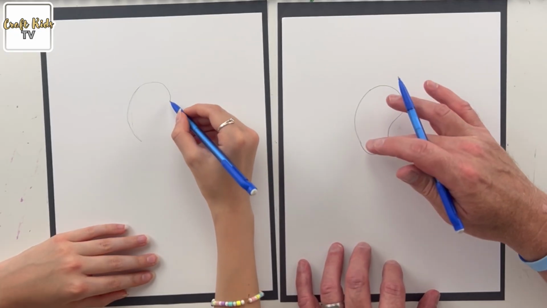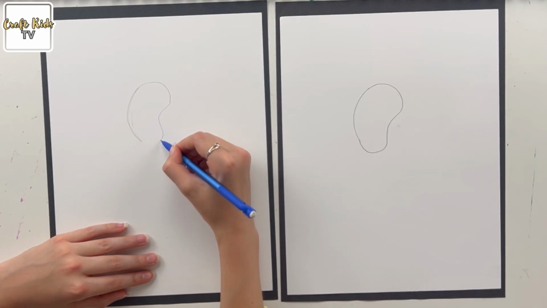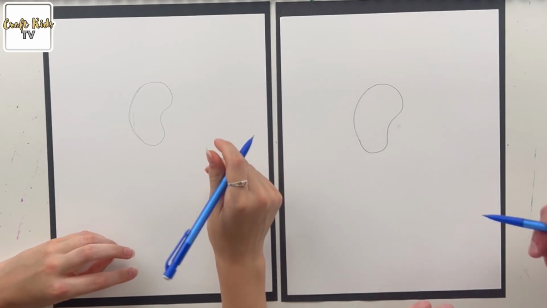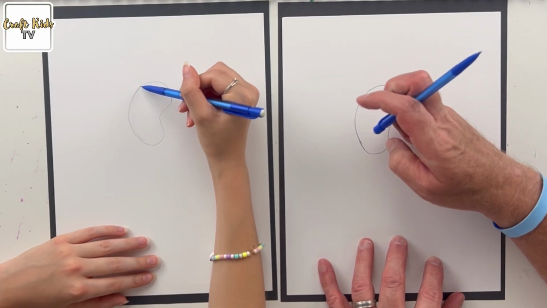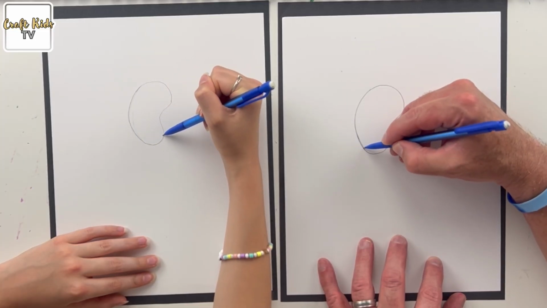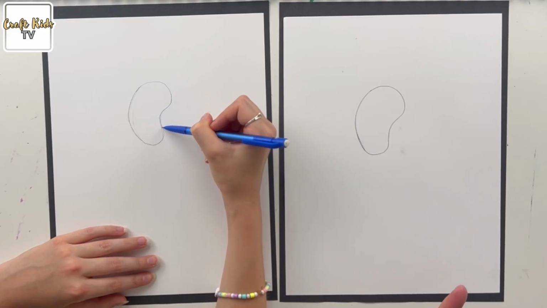So it's like a bean shape, but it's kind of exaggerated on this end. You happy with that? Yeah. You can always, see how mine's not great there? You can always just kind of work it and then erase it. This is exactly why we're using pencil, so we can get that shape to be very much like what we would want it to be.